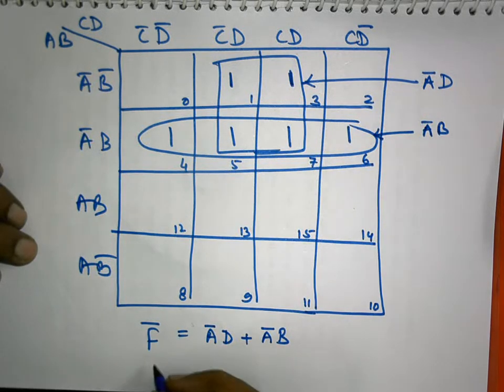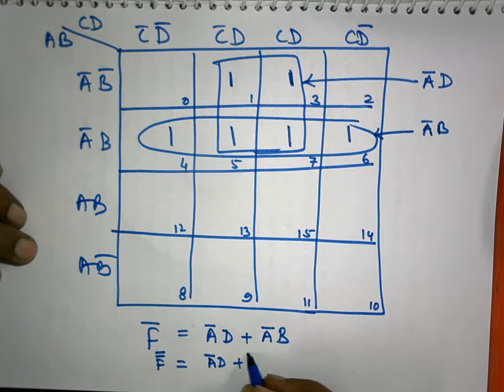So let us take the complement of this expression. If we take the complement at both sides, (A bar D plus A bar B) whole bar, and let us apply De Morgan's theorem.